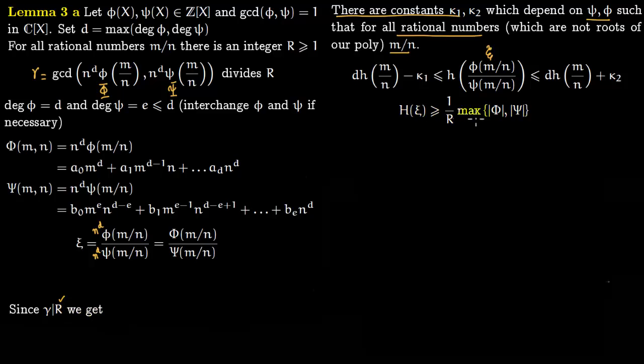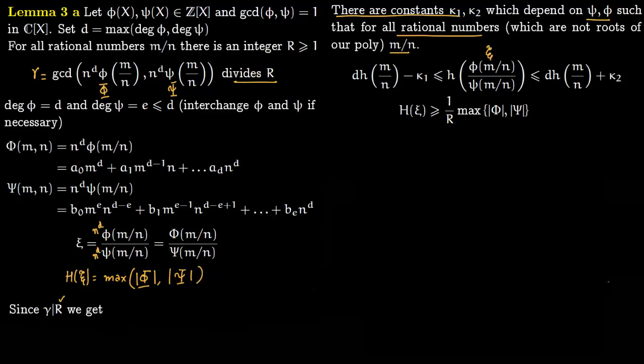So the height is just the maximum of our first term, capital phi, and capital psi, because that is the height of psi. So the height of this is nothing but the maximum of the absolute value of this or the absolute value of this, just these two terms. But now we can cancel this r out because there is some division, because these might have a greatest common divisor gamma which divides r here.